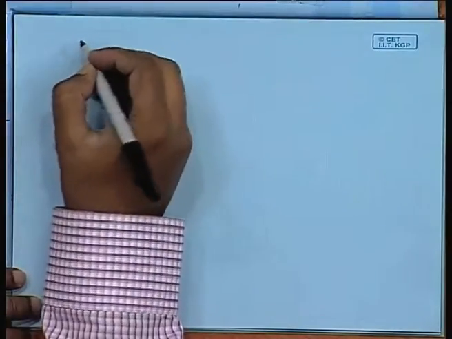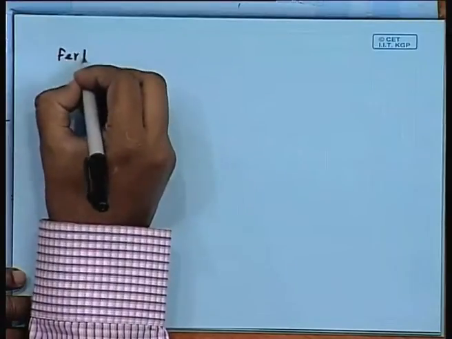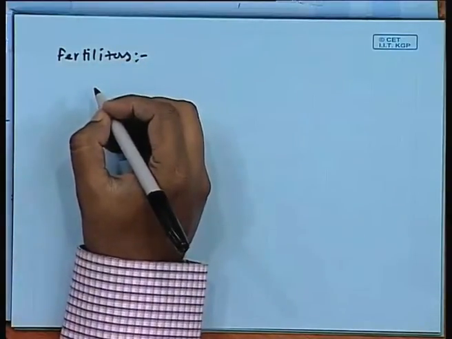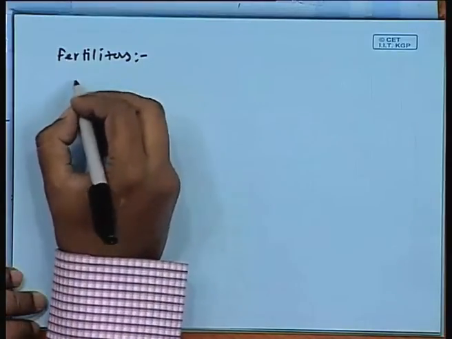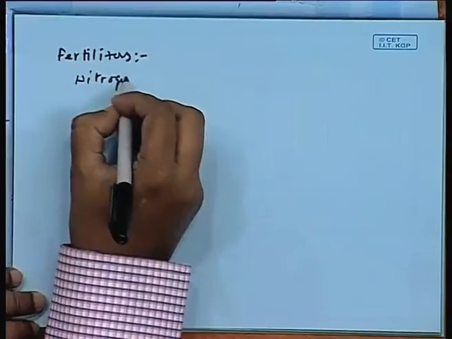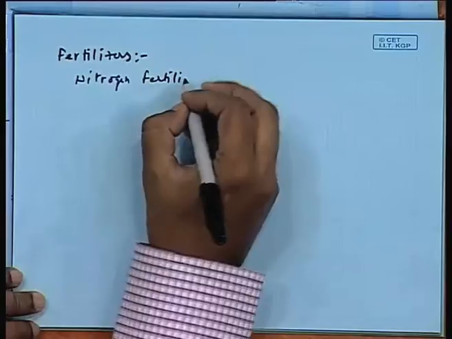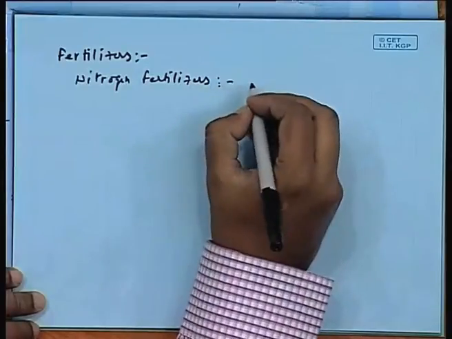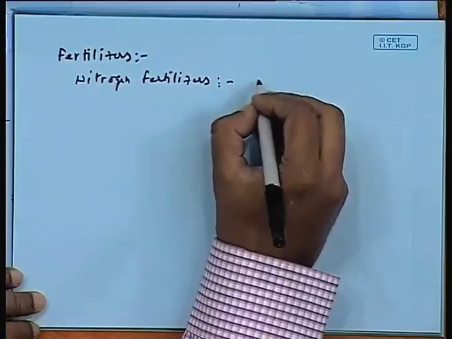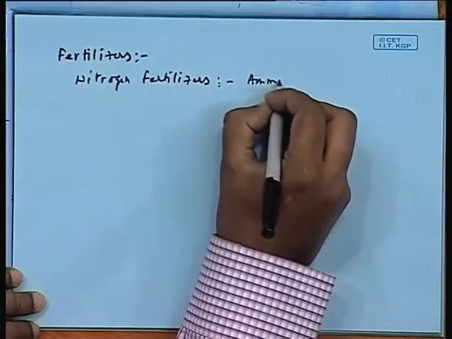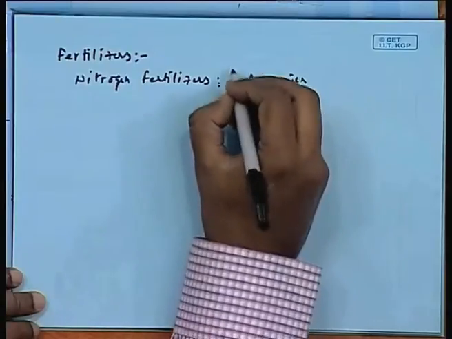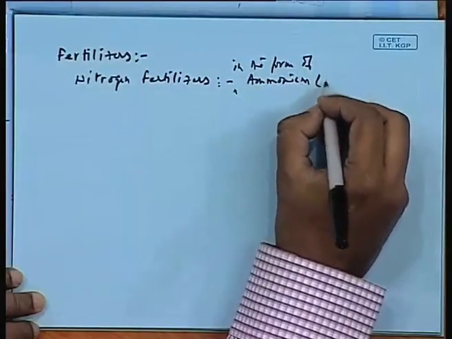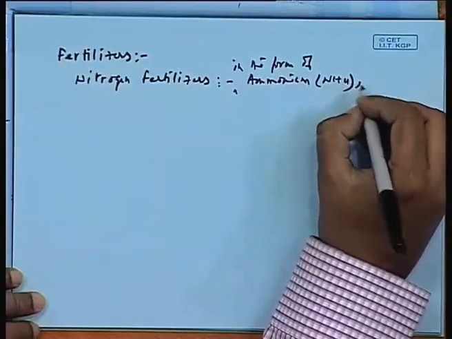The fertilizers that are important for soil growth are the nitrogen fertilizers, say, ammonium, in the form of ammonium NH4 nitrate.